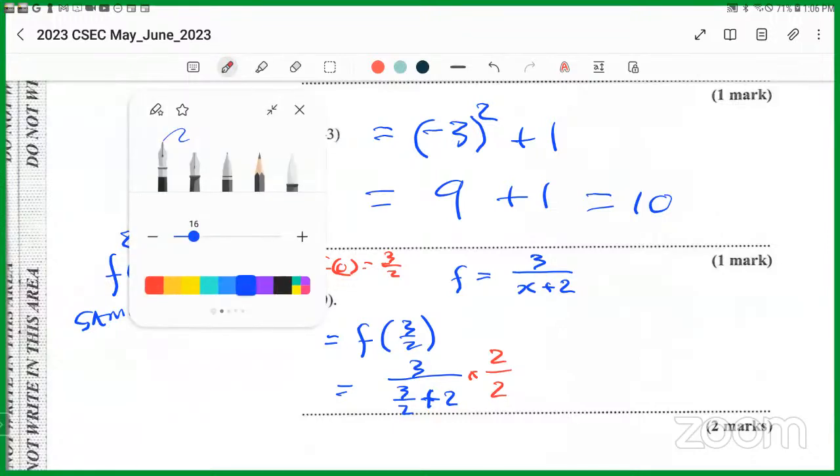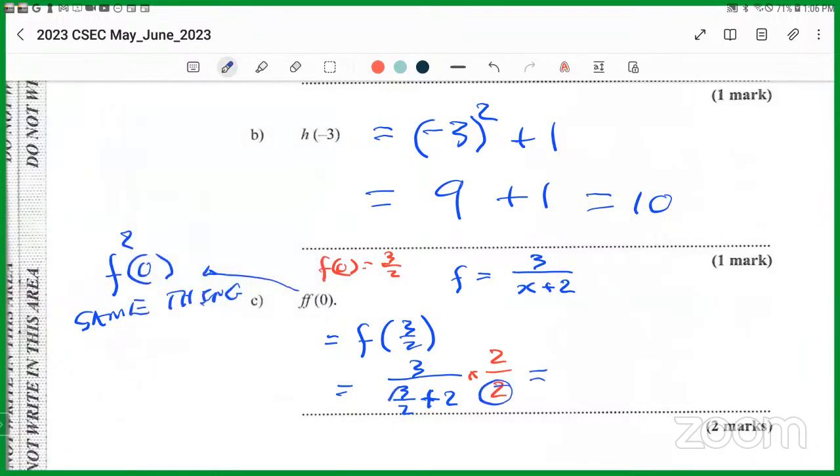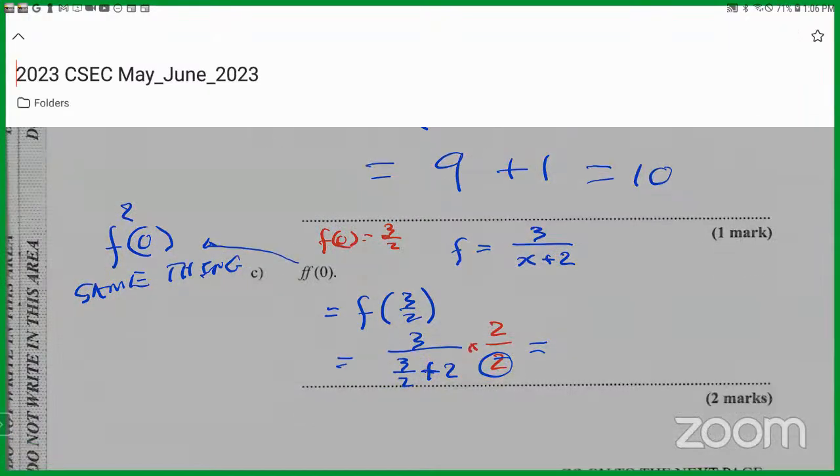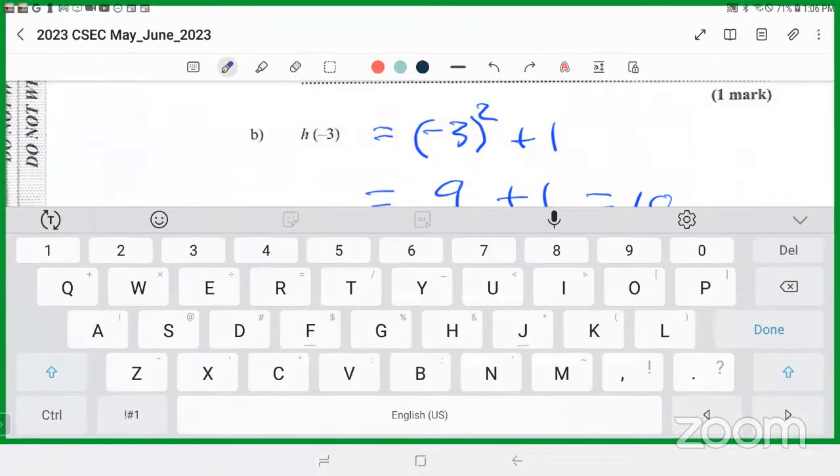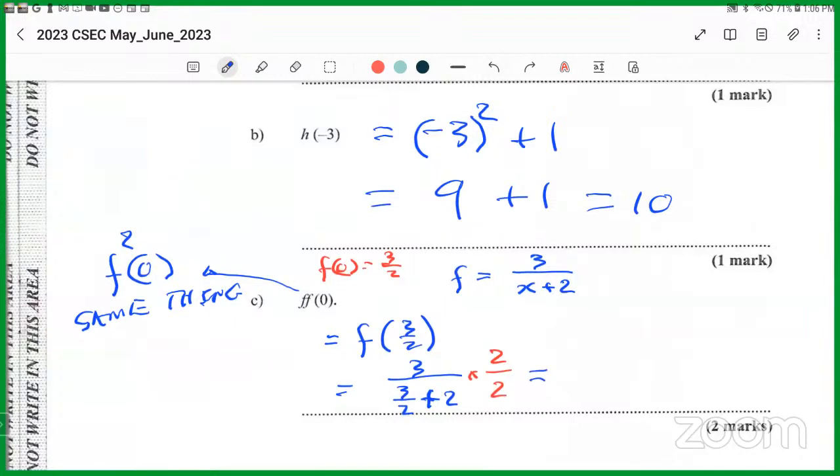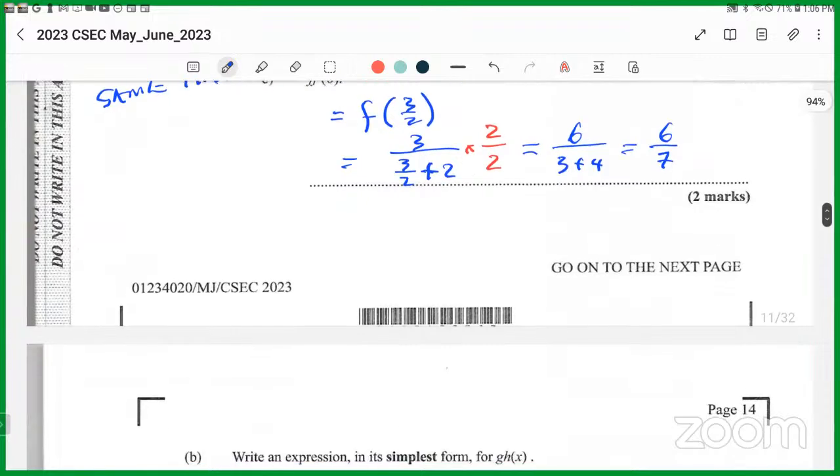So 2 times 3 is 6, and 2 times 3 over 2 is 3, plus 2 times 2 is 4. So this reduces to 6 over 7. This question is over now.